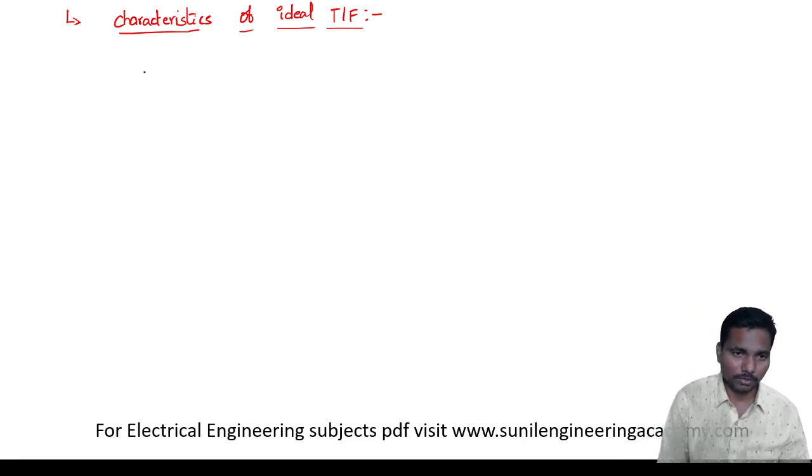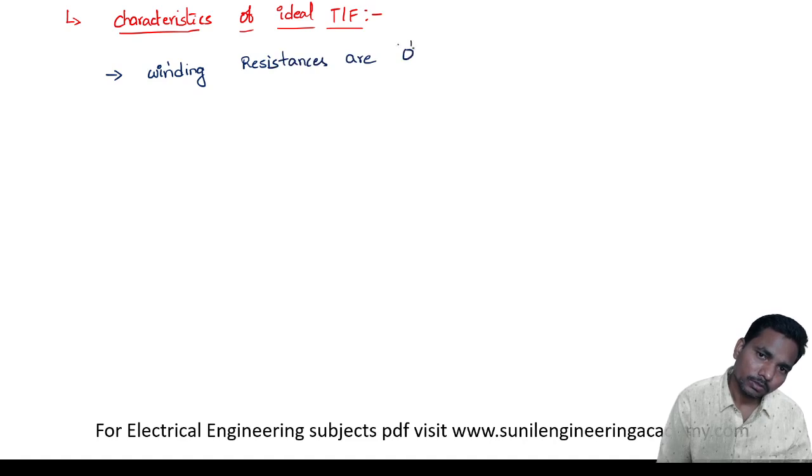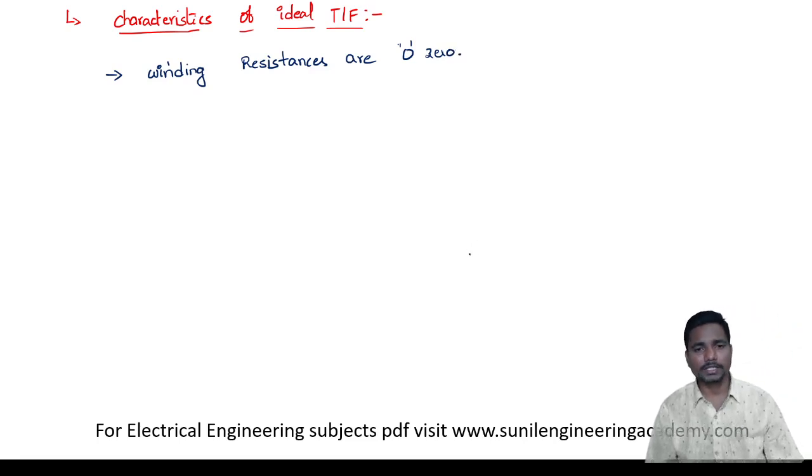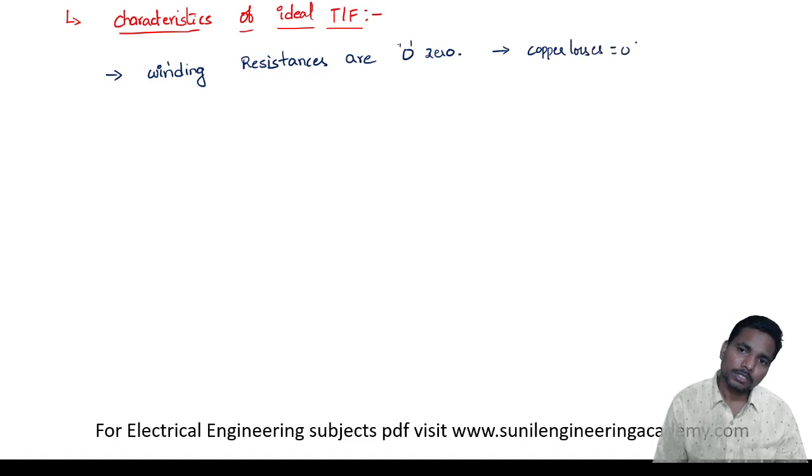The first point you can say: winding resistances are zero. If the winding resistances are zero, there are zero losses. That means copper losses are zero.